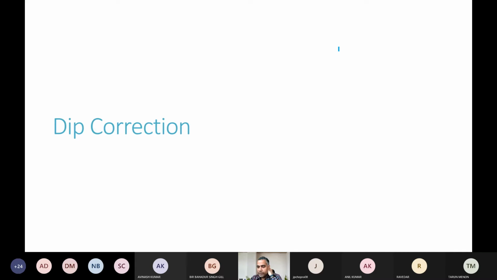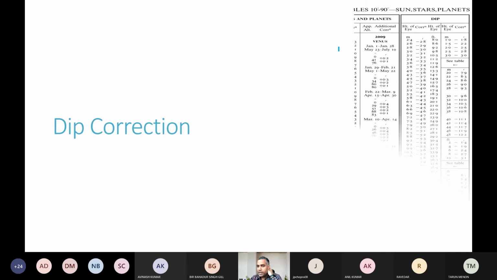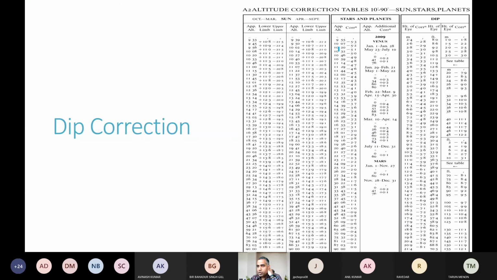So for dip correction, just open up the first page of your almanac. On the first page of your almanac, on the right hand side part, you will see the dip correction table. You have the height of eye mentioned, and along with the height of eye, you have the correction also mentioned.